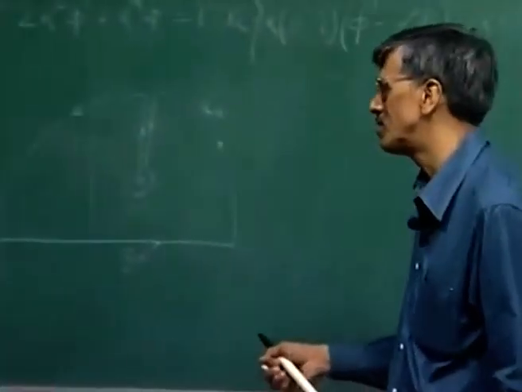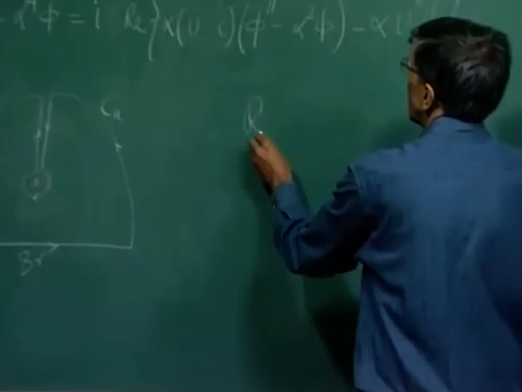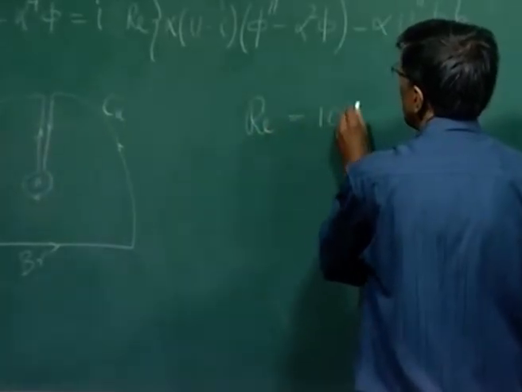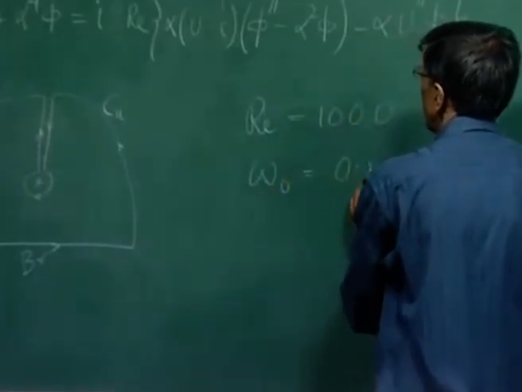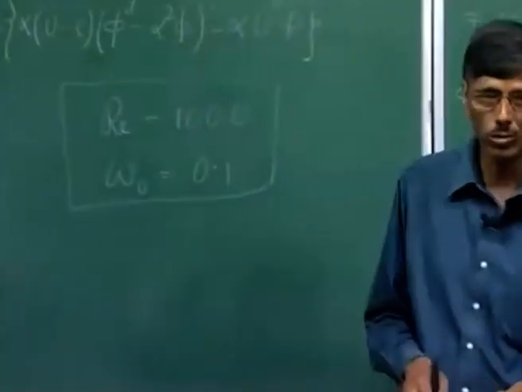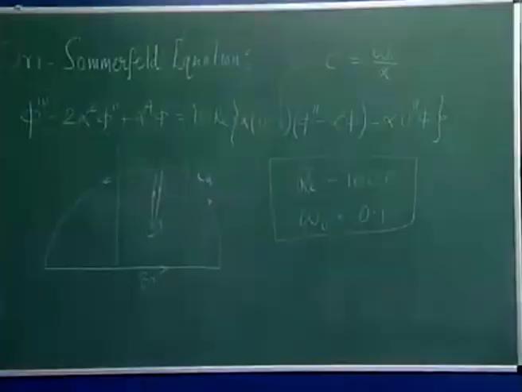Now, you look at this simple case. What were we looking at? We were looking at the receptivity of the Blasius boundary layer for Reynolds number of 1000 and omega naught equal to 0.1. And we now know how to find out all the eigenvalues in a finite part of the domain by that grid search method we have studied.